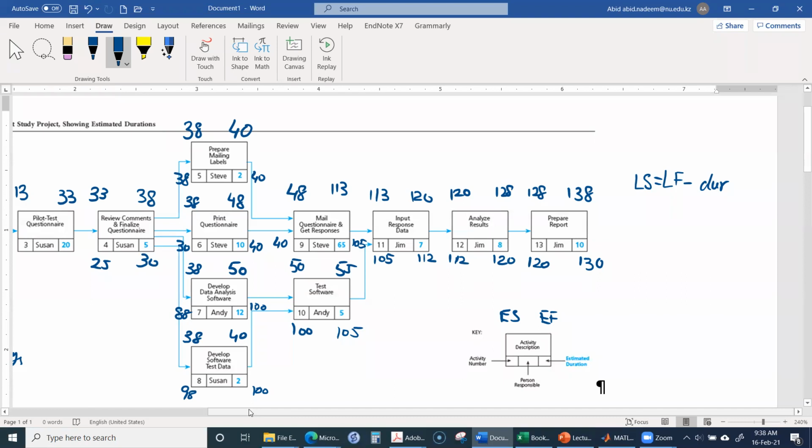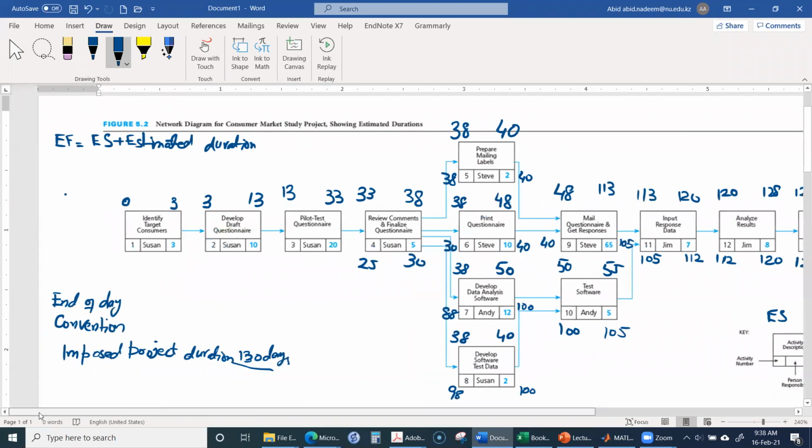And now here it will be 25. 25 minus 20 is 5. Here it will be 5. And then 5 minus 10 is minus 5.